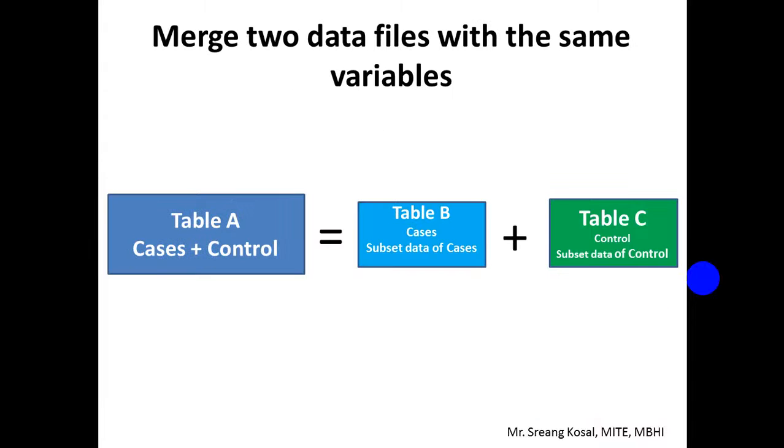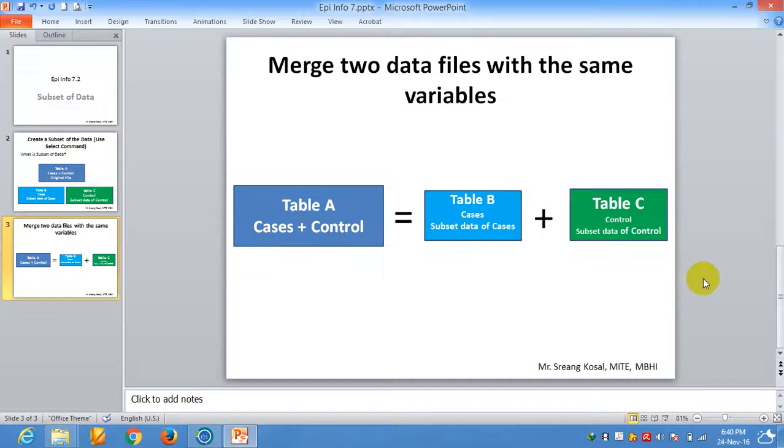And one more, we are talking about merging data into one table or one file again. After we separate, we can merge those tables into one table, like the same original table. So let's start with Epi Info Classic for data analysis.